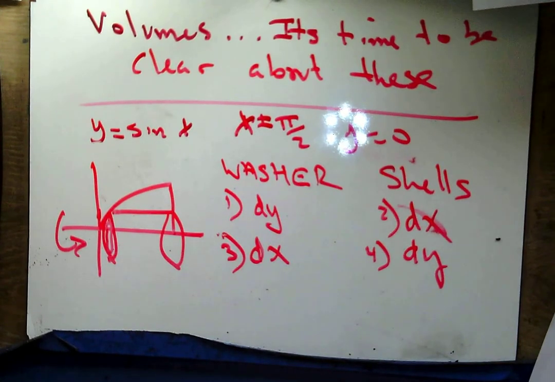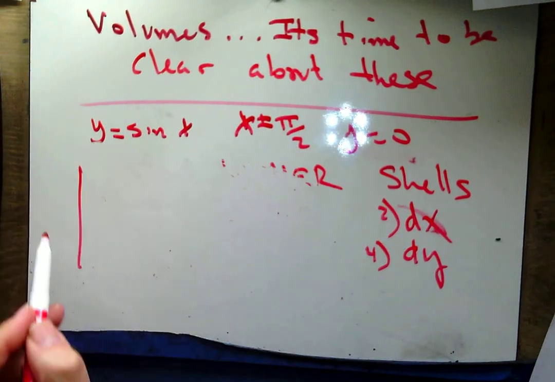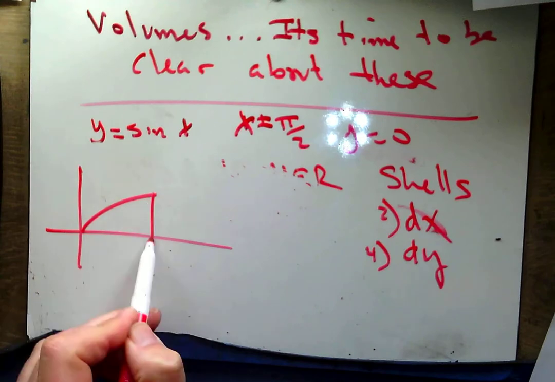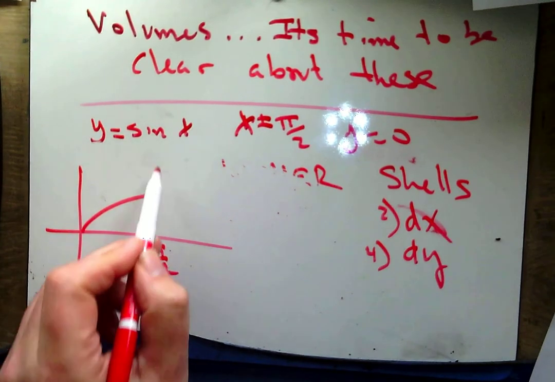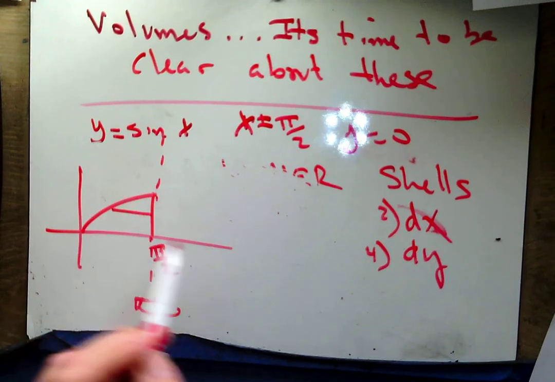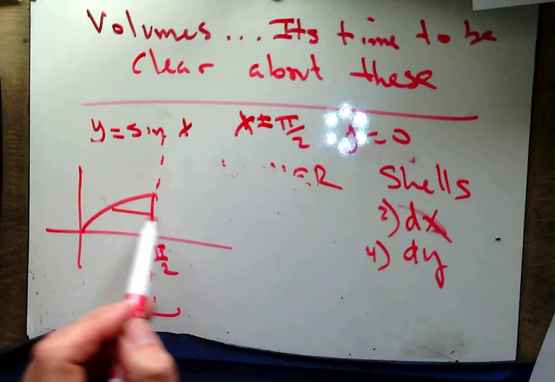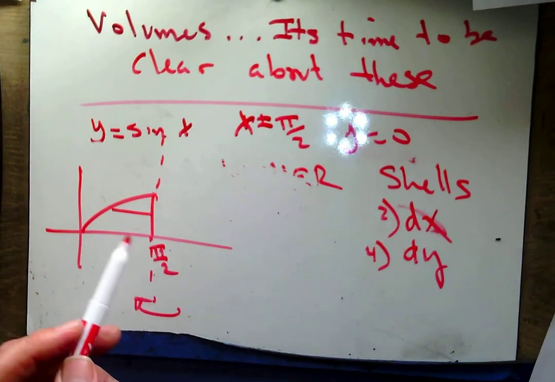Number 5. What if we go around x equals pi over 2? Okay. So here's pi over 2. And we're rotating this region about this axis. With washers and discs, I'm going to draw that segment that's perpendicular to the axis of rotation.